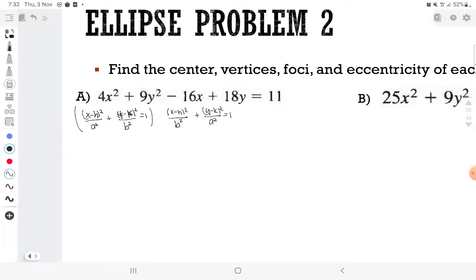Now, how do we turn this equation into this equation? Simply, the first thing to do is to group the different terms in our equation.